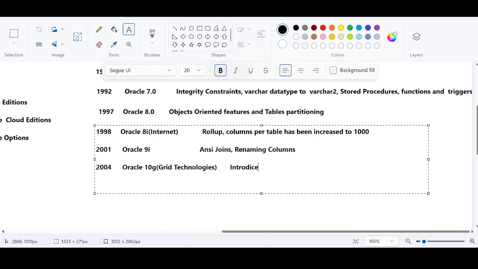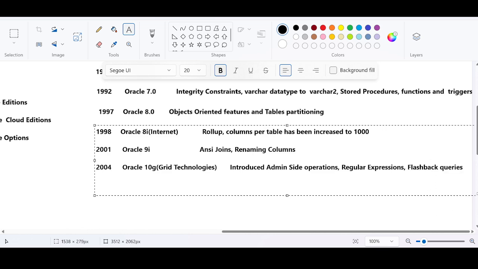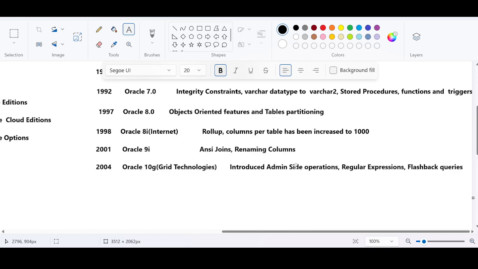They introduced things like regular expressions and flashback queries. Clauses were also introduced here. Many things were introduced; these are the major ones.